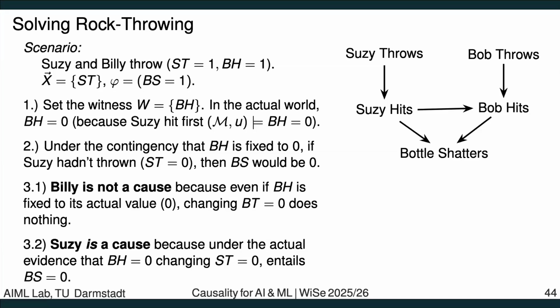In standard SEMs, as we have seen before, we a priori wouldn't know if Susie or Bob possibly throws first, right? If we are looking at temporal models. So here, in a very generic model, we would also need an arrow from Bob hitting to Susie hitting, which would then again give us a cycle, which sometimes violates this acyclicity assumption.